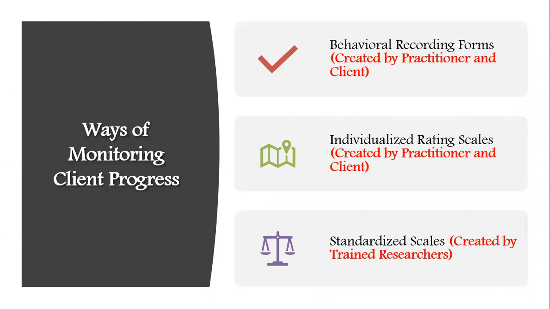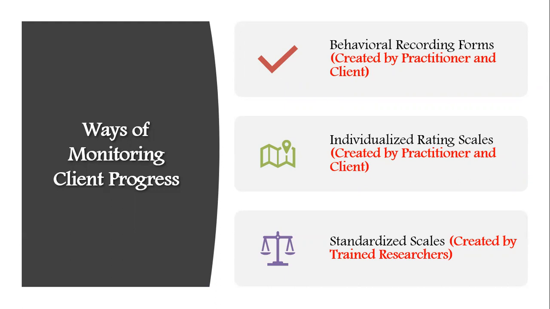I want to say a little bit about some of the ways in which you can go about monitoring client progress beyond the standardized assessment tool. I mentioned that you have your standardized assessment tools or scales that are created by trained researchers.